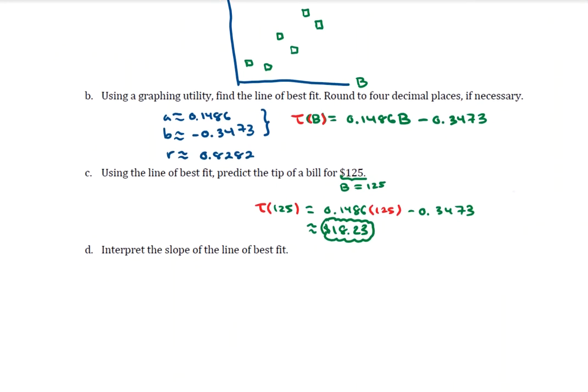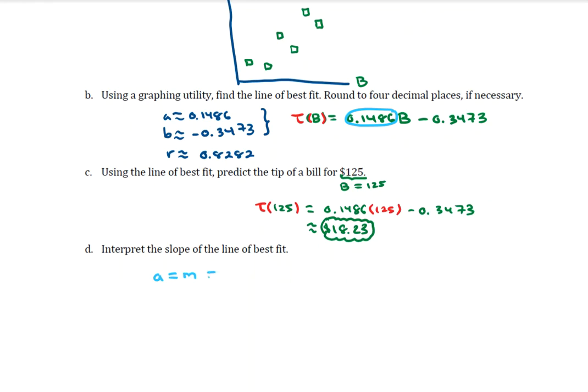it says interpret the slope of the line of best fit. Do keep in mind that 0.1486 is our slope. That was the value of A that the calculator gave us, but based on where A is in the graphing calculator's equation, that's what the value of M is. And so we're going to say A equals M, which is equal to 0.1486. What I'm going to do is write this on top of the number 1, and imagine this as rise over run, or as we saw in the section for lines, like a delta y over delta x.